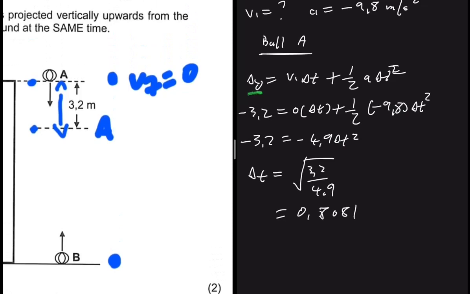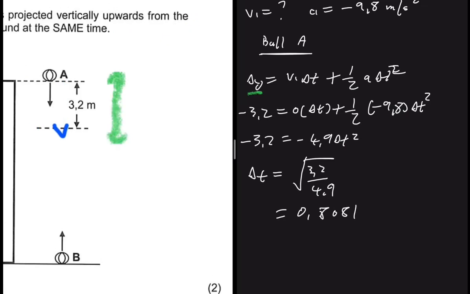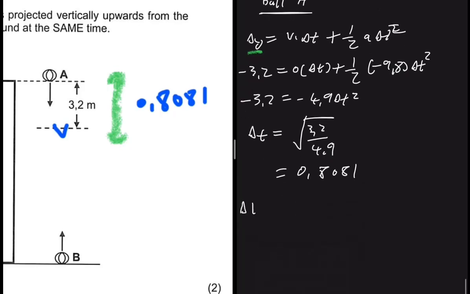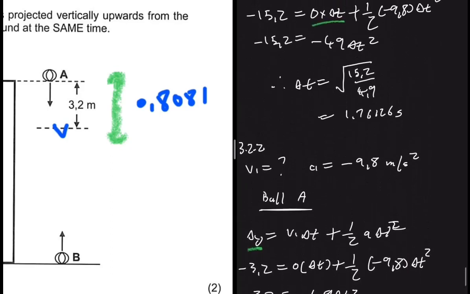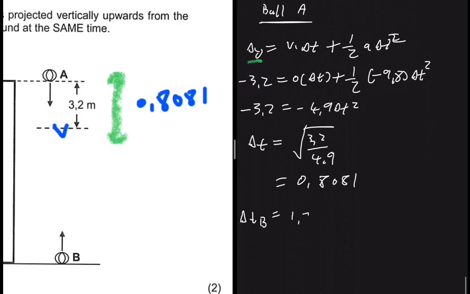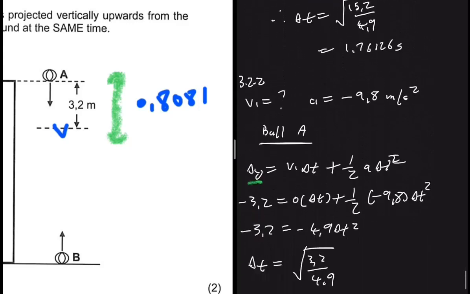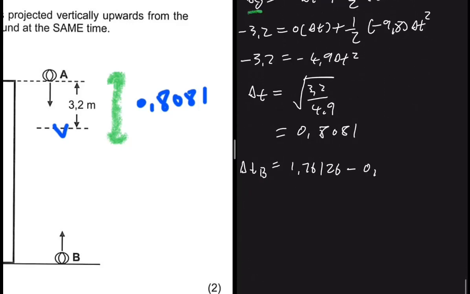So the time for this part of the motion, from this point to this point, is 0.8081. To find the time for the entire motion of ball B, we can say that the time for ball B is equal to the total time for ball A, which is 1.76126, minus 0.8081.